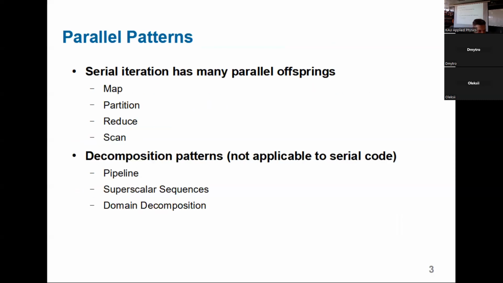So in the parallel world, in data parallel applications, the most common piece of code you are trying to parallelize is serial iteration, and serial iteration has a lot of those fundamental offsprings, let's say, equivalents of iteration in the parallel world.